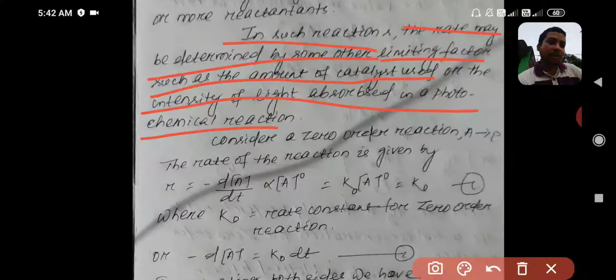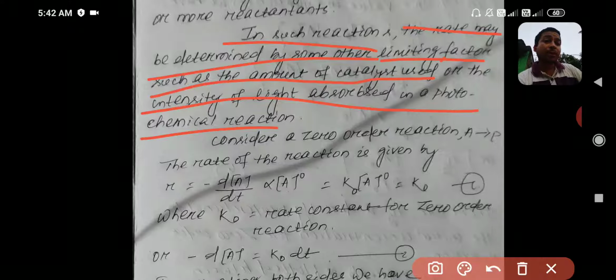We have already learnt that there are several factors, like surface area, nature of reactant, particle size, catalyst, that affect the rate of a chemical reaction.